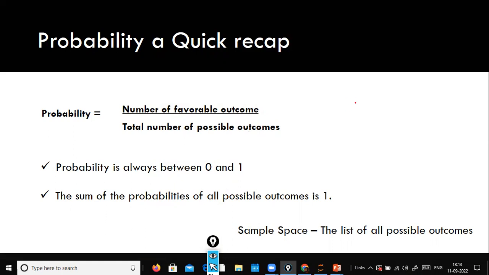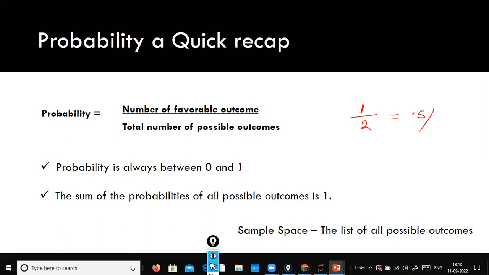How many sides are there to a coin? Two sides, and out of the two you are expecting one. So 1 divided by 2 is 0.5. There is a 0.5 probability that you get head when you toss a coin.